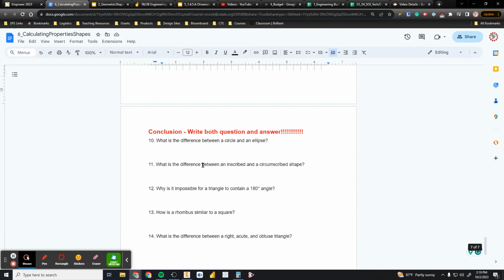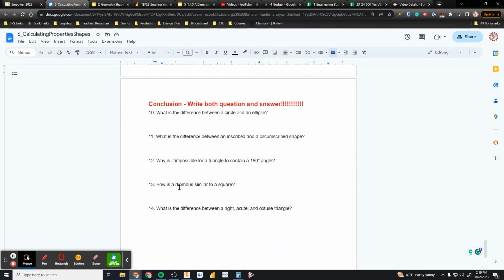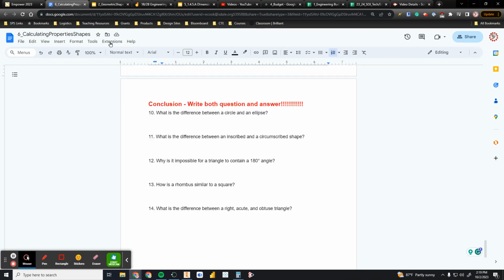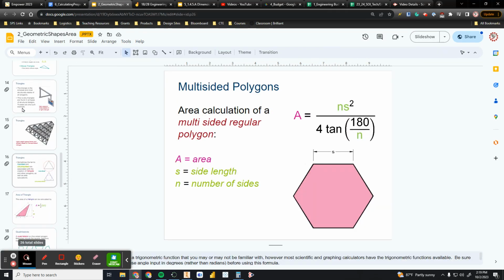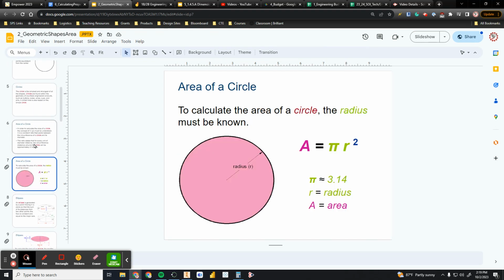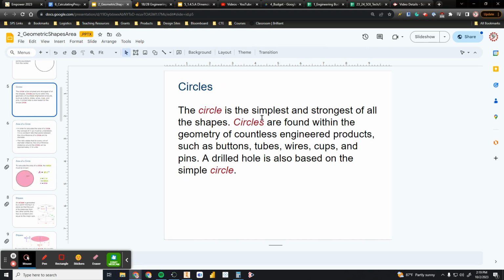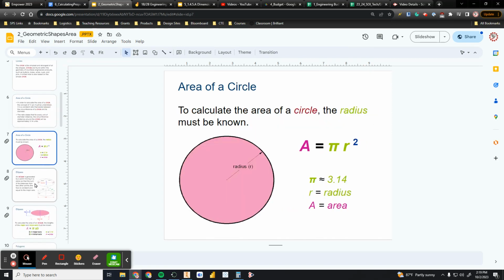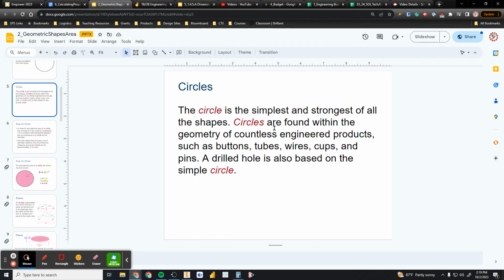Okay. And then we have a few conclusion questions. These conclusion questions, for the most part, can be found in the presentation. So what is the difference between a circle and an ellipse? So you can come back up here, take a look at a circle. Okay, circle is the simplest and strongest of all shapes. Let's see here. This is how to solve for it. Oh, here we go.